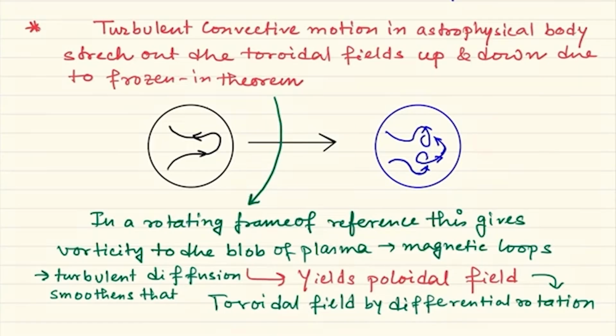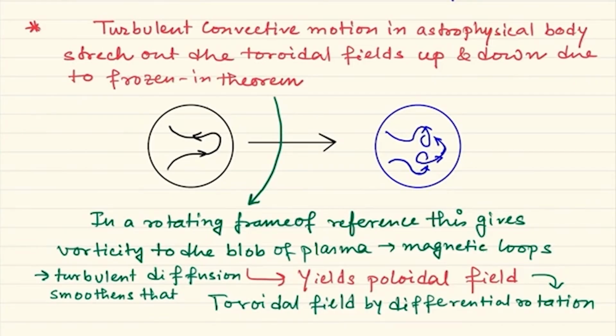Now this finally leads to the poloidal field, a large scale sustaining poloidal field. Here we can see the generation by turbulence, sometimes we say helical turbulence, because this is a turbulence with helical motion.